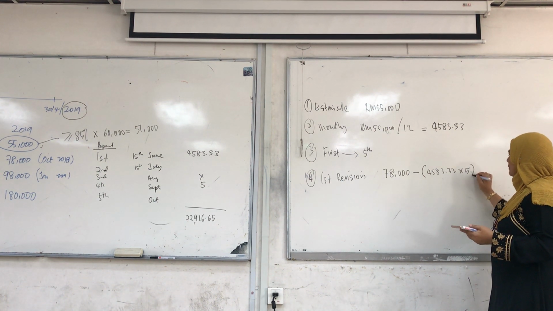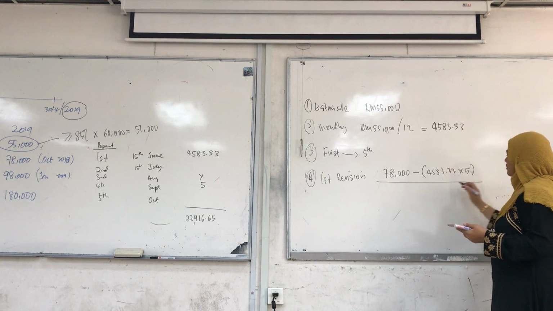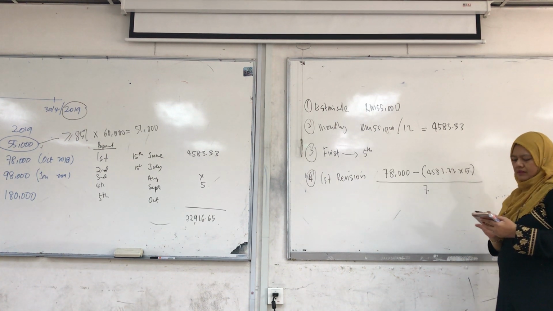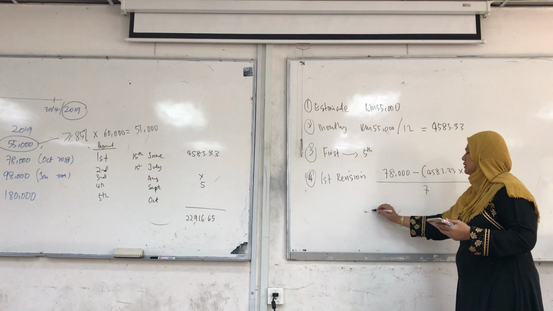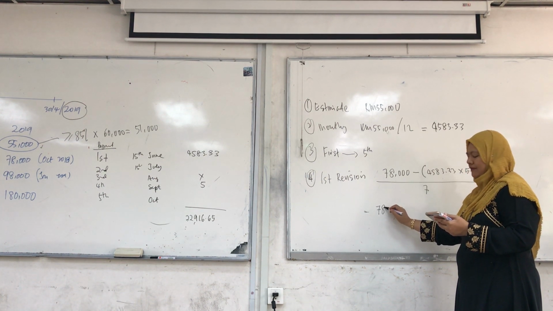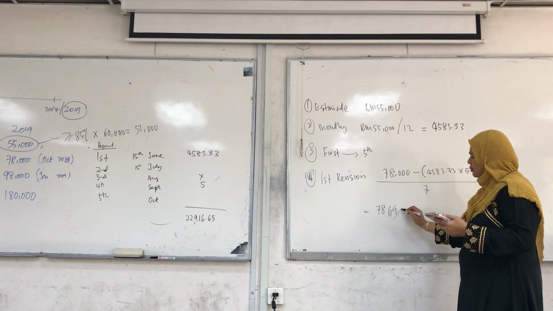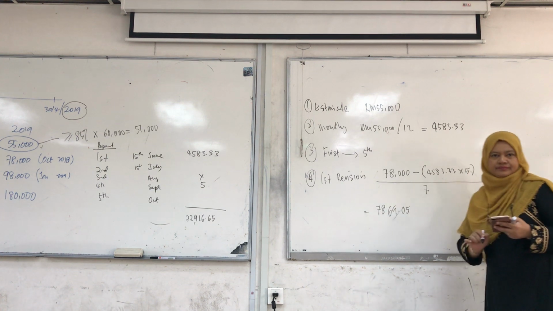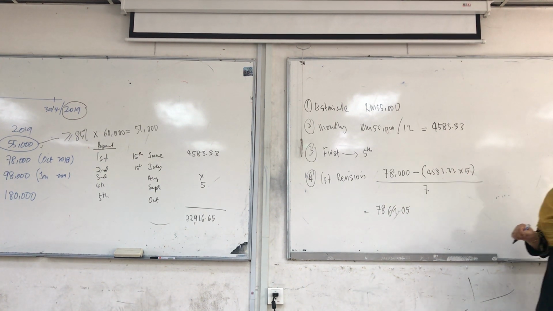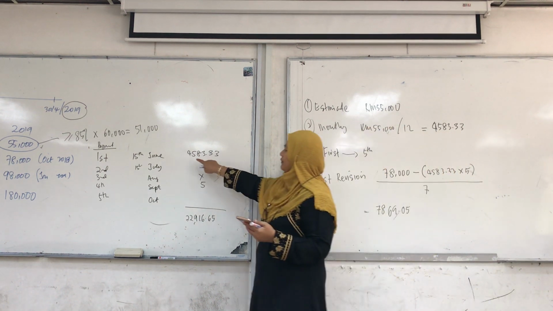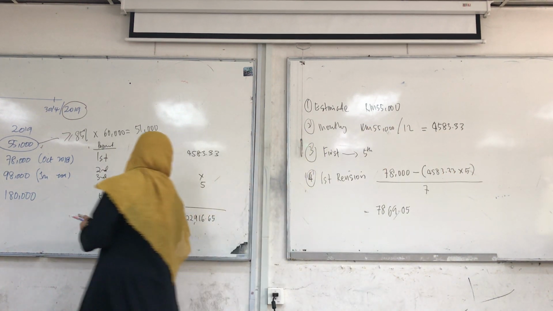You have paid for 5 months. Divide by the balance number of months? 7. So minus 78,000 divide by 7. It should be, the new revision would be 7869.05.